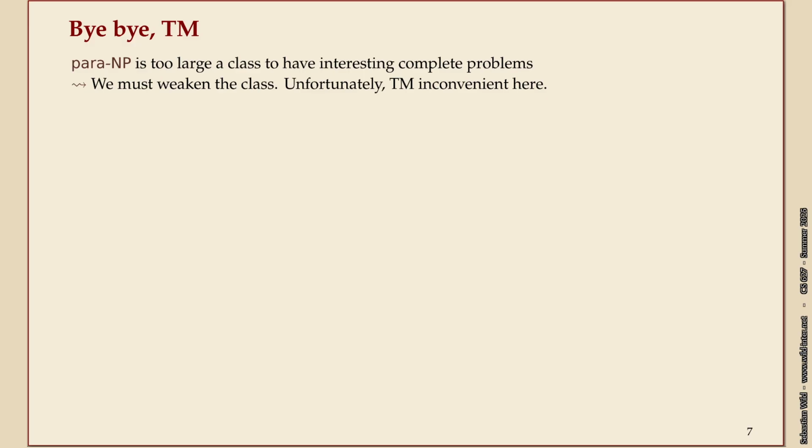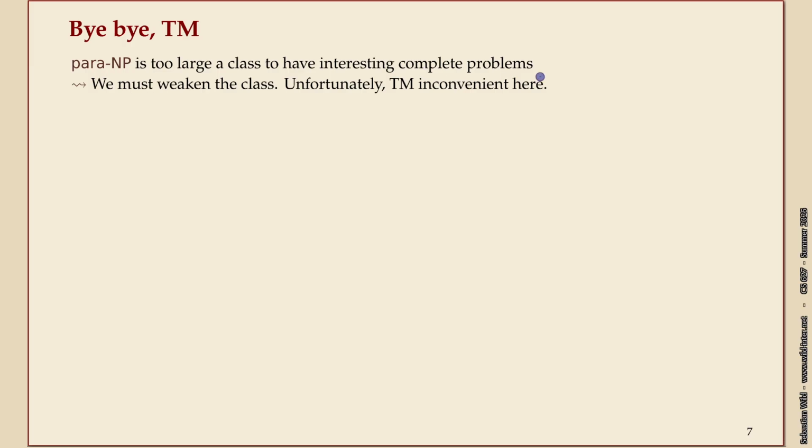For technical reasons, it seems working with Turing machines for defining this class is not convenient or causes more problems than it solves. And in a way, this was just what I said before. Para-NP seemed like a natural definition, just replacing deterministic FPT time by non-deterministic FPT time.